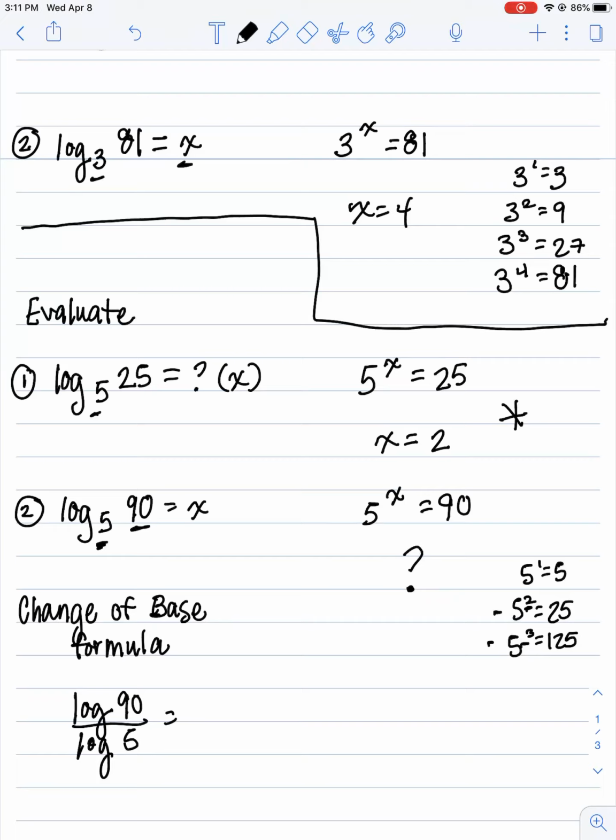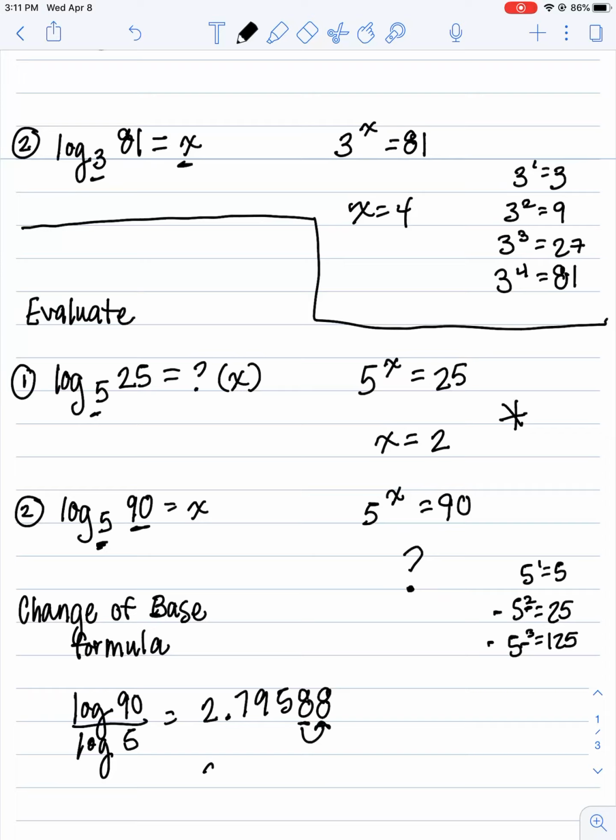You take your calculator, one that has access to logarithms, and you say log 90 divided by log 5. And you get 2.7958.